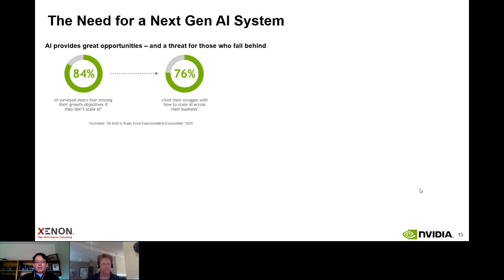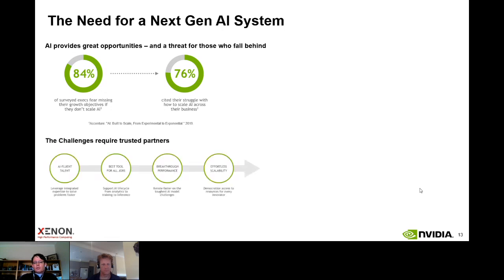And here from this Accenture survey just last year, 84% of the surveyed executives feared that they couldn't meet their growth objectives if they don't scale their AI initiatives. But at the same time, almost the same percentage, just below 80%, is concerned and mentions that they're struggling with how to scale AI across their business. So on the one hand, it's the struggle of, I know I need to invest in that space to keep up with the competition, but on the other hand, the investment is really a challenge to make that work.